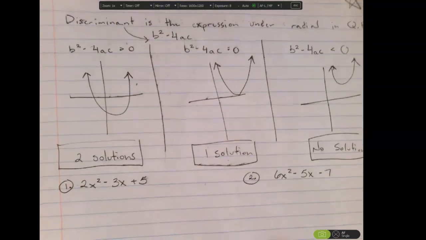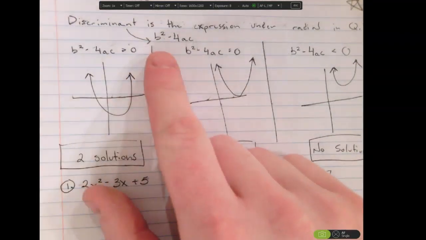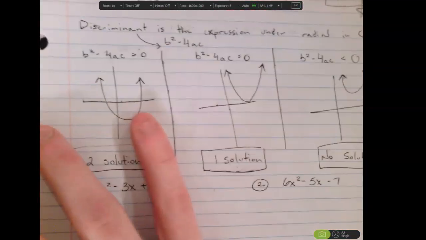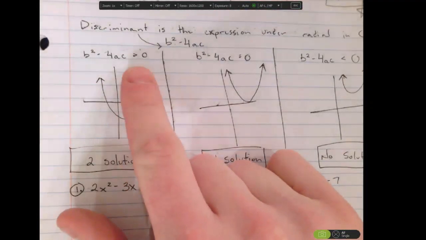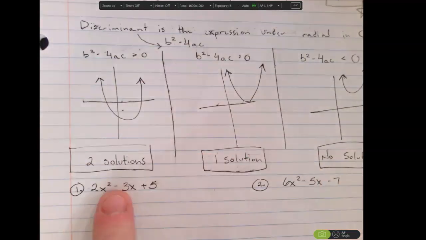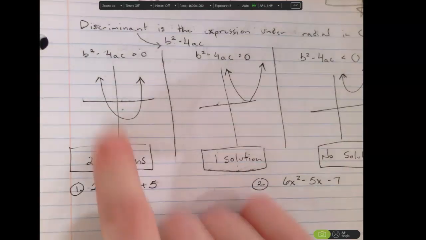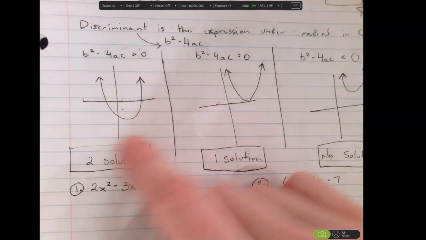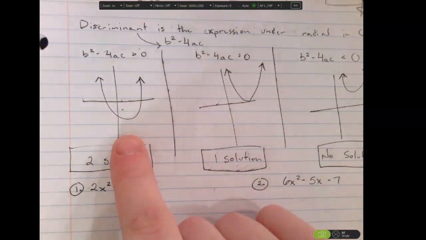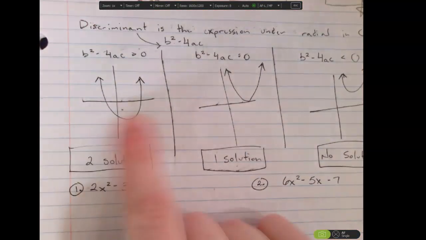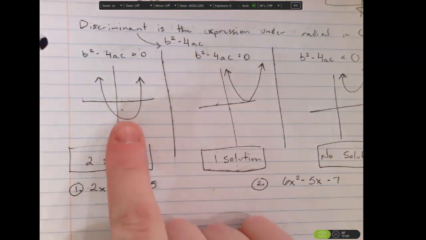So whenever you take this discriminant, the b squared minus 4ac, and you solve it, if that number is greater than 0, you're going to have two solutions that are two real numbers. And this is what those types of graphs are going to look like. They may not always be positive like this one. They might be negative and flipped upside down, but you're still going to pass through the x-axis twice.